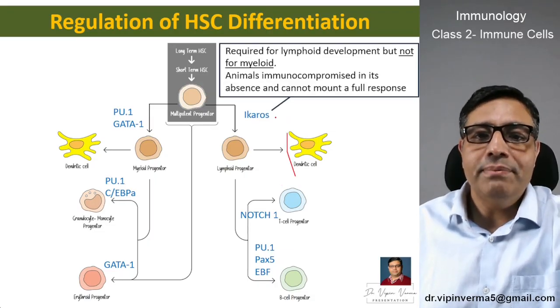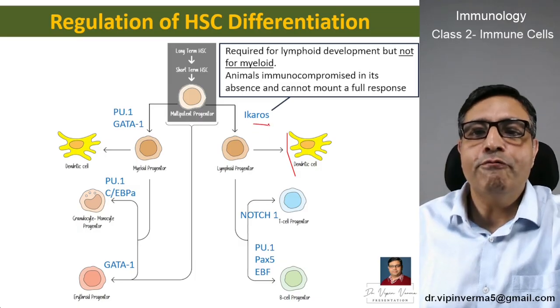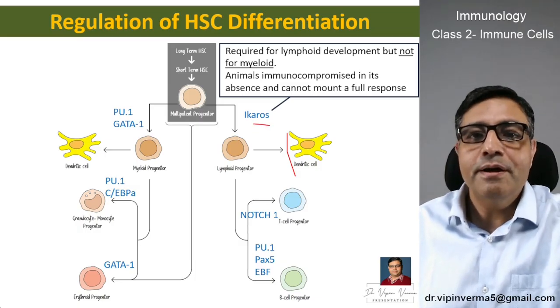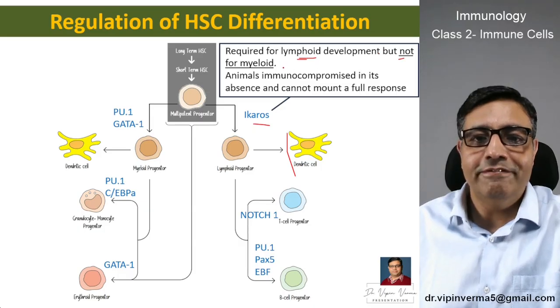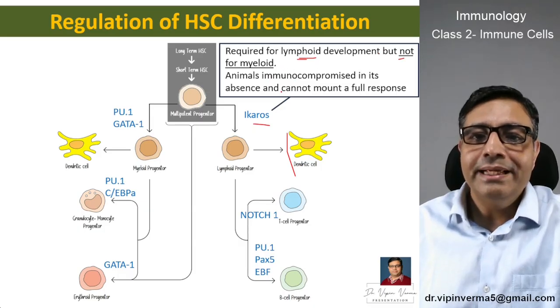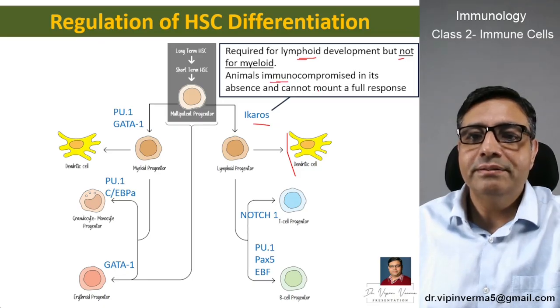Ikaros, for example, is required for lymphoid development, but not for myeloid development. Now remember, it is required for lymphoid development, but not for myeloid development. And in the absence of Ikaros, animals are immunocompromised and cannot mount a full response.